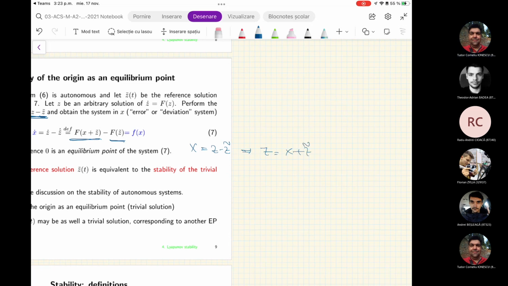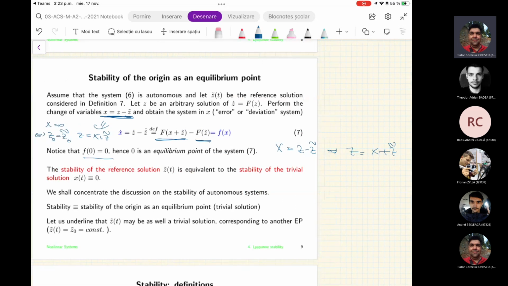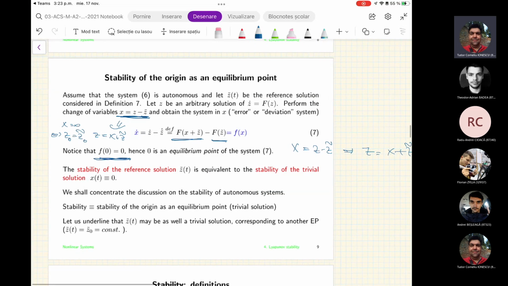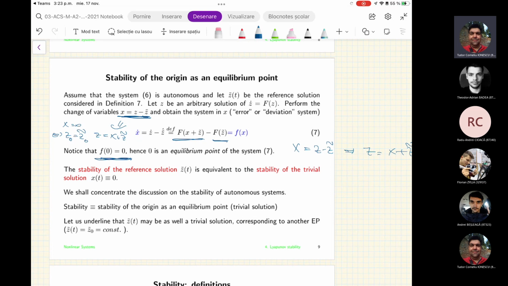So this becomes what? If I want to make x zero here, this becomes f(z tilde) minus f(z tilde). And this becomes immediately 0. So the origin is an equilibrium point of 7.